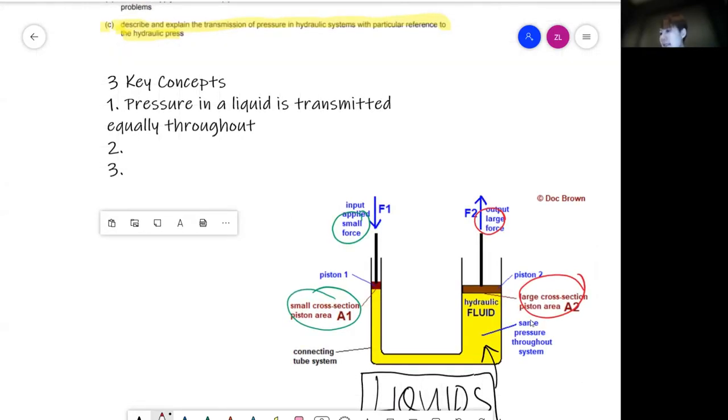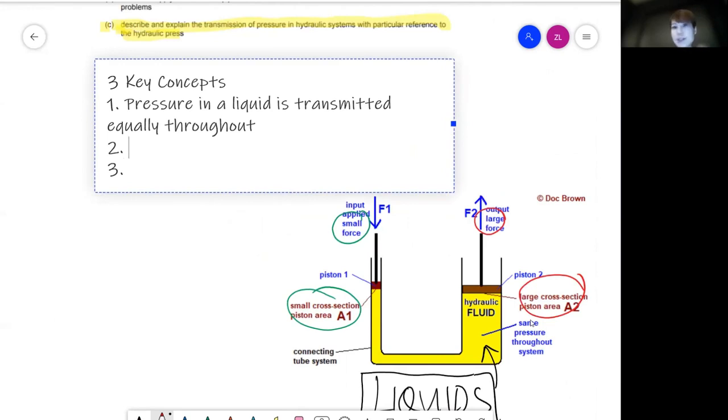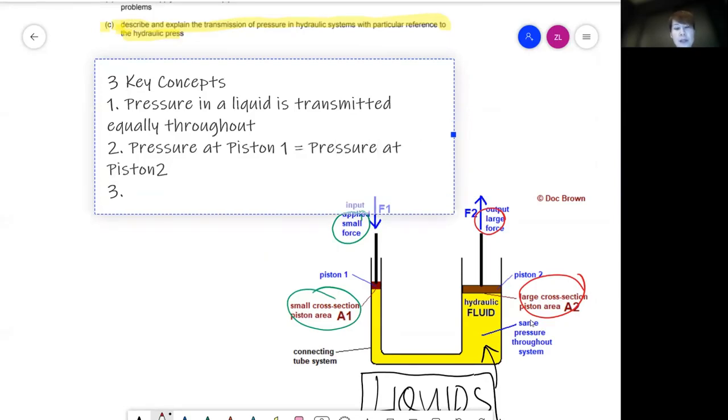Now, what is the second key concept in a hydraulic system? The second key concept is this, which is similar to key concept number one. Pressure at piston 1 is equal to pressure at piston 2. In fact, if you understood concept number one earlier on, it will be equal in every part of the liquid.